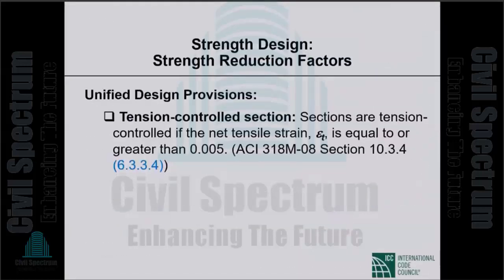Tension controlled sections. Sections are tension controlled if the net tensile strain is equal to or larger than 0.005. Okay, 0.002 and less is compression controlled, 0.005 or more is tension controlled. Epsilon sub t is greater than or equal to 0.005.